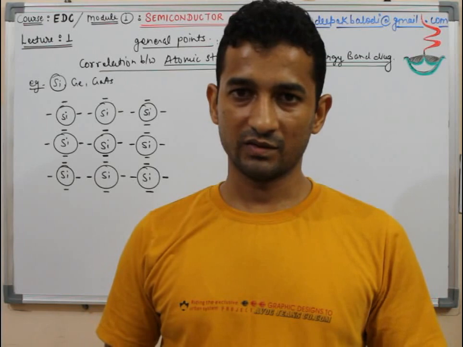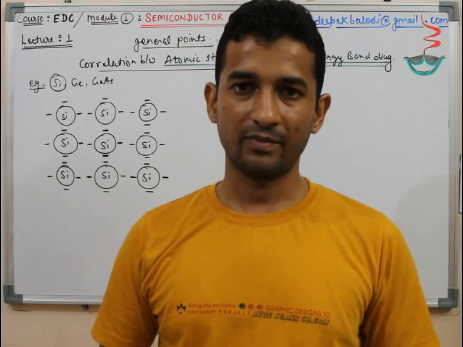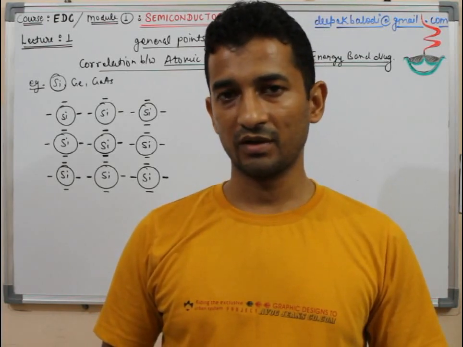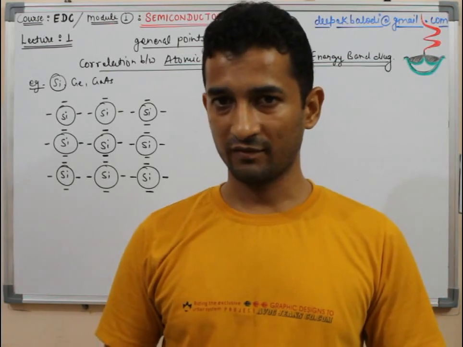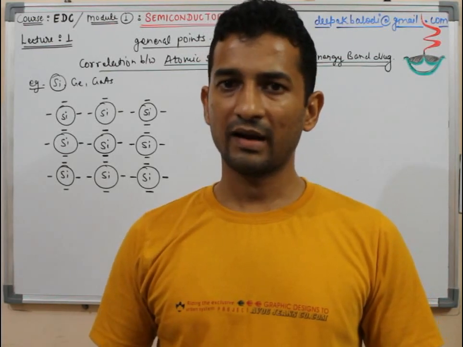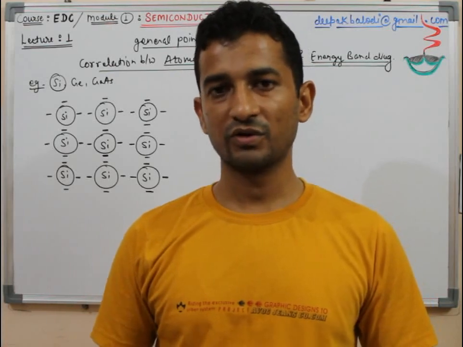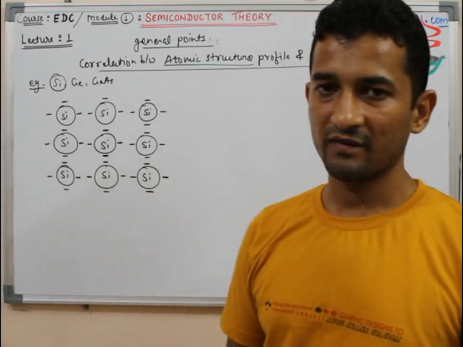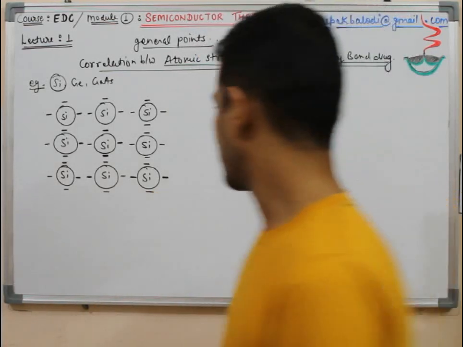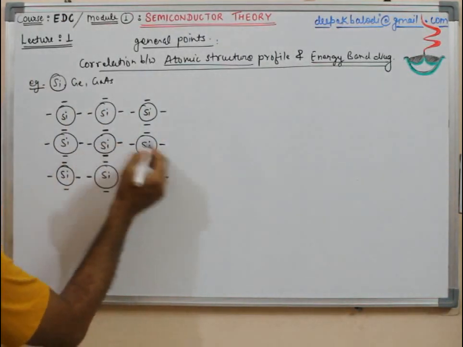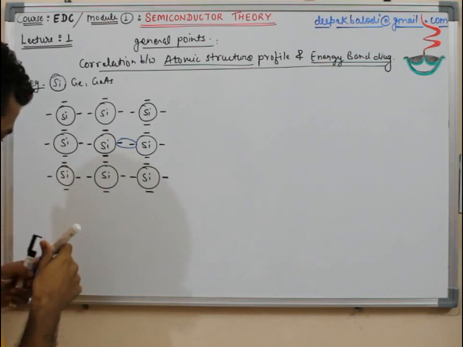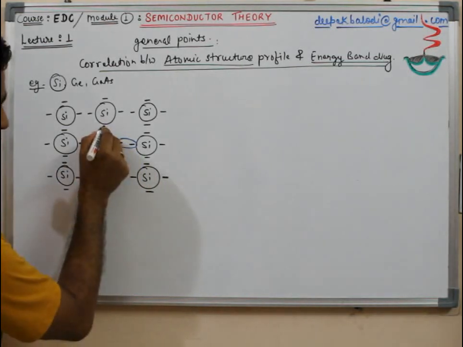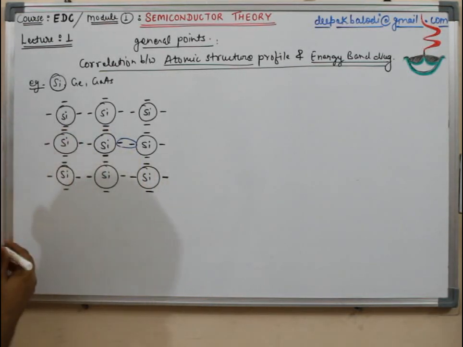It cannot donate or accept any electron from the neighbor atom, because already it has 4 and the neighbor one also has 4, so it is unlikely to donate or accept. Therefore it takes the benefit of covalent bonds, and any two adjacent atoms share their electrons in this fashion. Sorry, one is missing here.